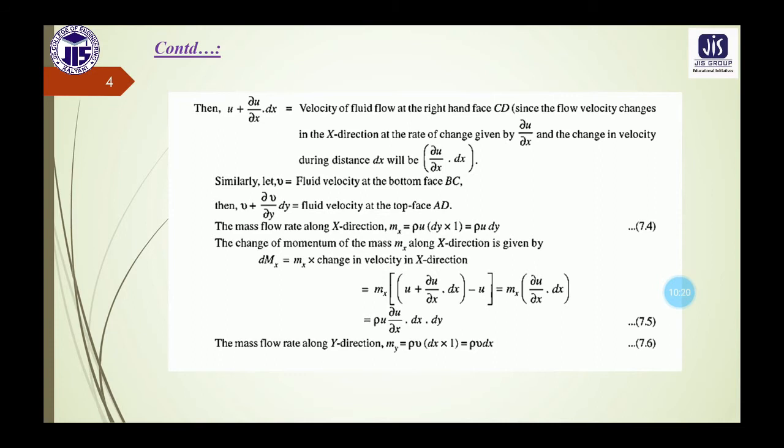Now this small mx can be replaced from equation 7.4, that is rho u del u del x multiplied by dx into dy. In a similar manner, the mass flow rate along the y direction, that is my, can be written as rho v into dx multiplied by 1, equal to rho v dx. So this is our equation number 7.6.